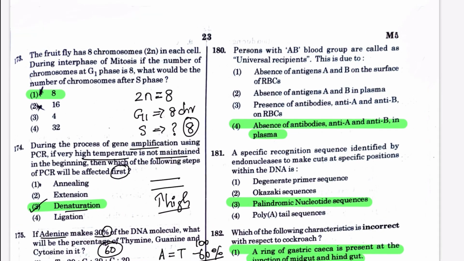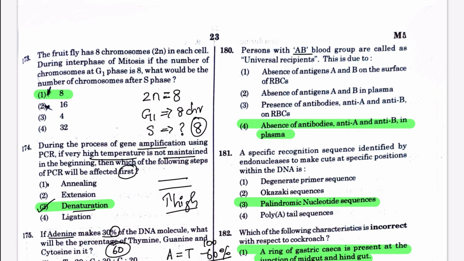So 180, a person with AB blood group is called a universal recipient. Always remember, if a blood group is AB, that person will have both A and B antigens on their RBC. But why are they called universal recipients? They have A and B antigens, but they don't have antibodies. Just because they don't have antibodies, they can receive blood from any other blood group. So it is the absence of antibodies, anti-A and anti-B, in the plasma. So this is the answer.